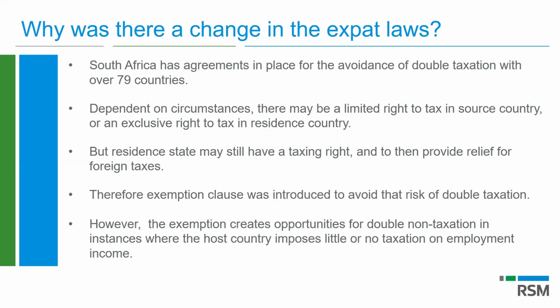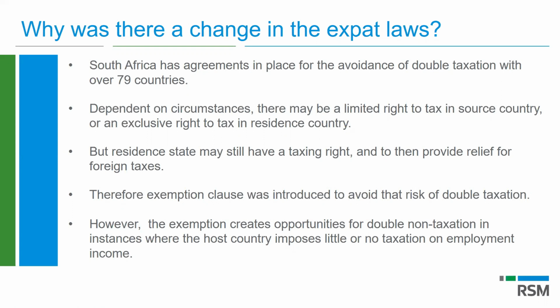Now, dependent on the specific circumstances of each case, with specific reference to employment income, these double tax treaties may grant a limited taxing right in the source or host country. Alternatively, if certain other criteria are met in terms of the DTA, it could grant a sole and exclusive taxing right in the residence country. So that's where these DTAs aim to align who has the taxing rights on employment income.